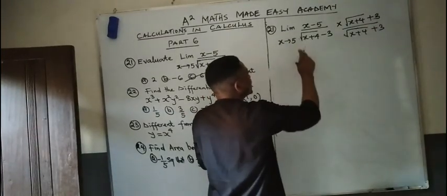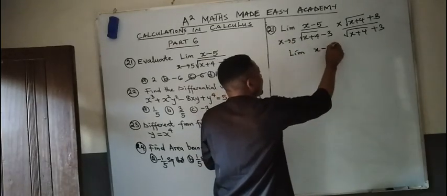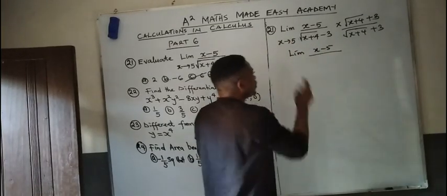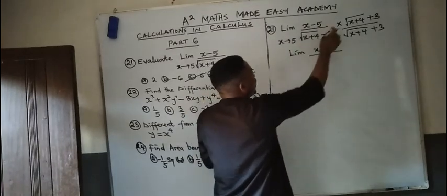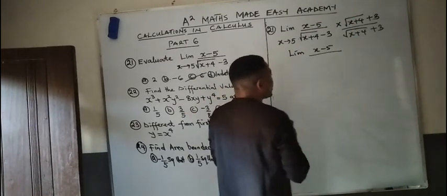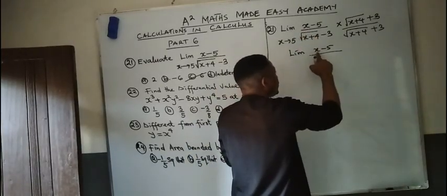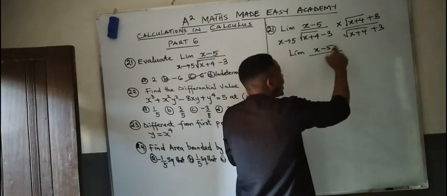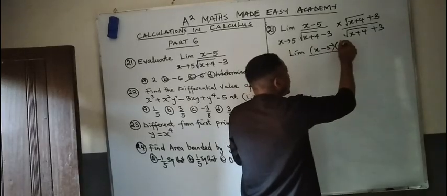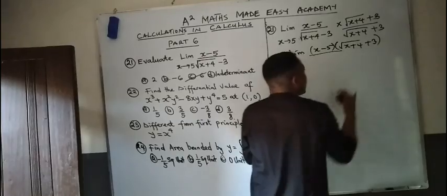Now, how do you think that it will exist? You should know that what will remain is just limit of x minus 5 all over. Now, to this one, forget about the other ones. Are you with me now? It will disappear. Now, what will happen is this. I want you to observe this. What we have is now the limit of x minus 5, then multiplied by square root of x plus 4 plus 3, close bracket.